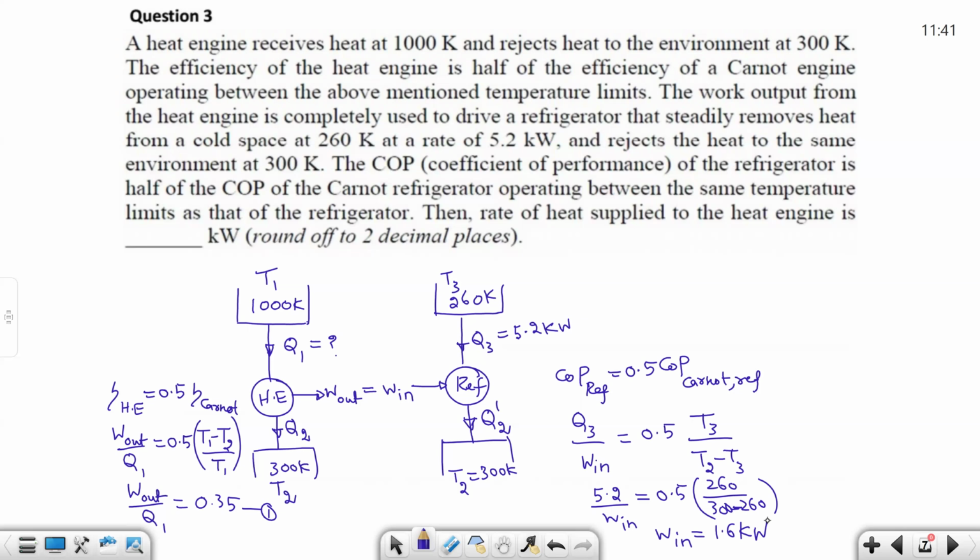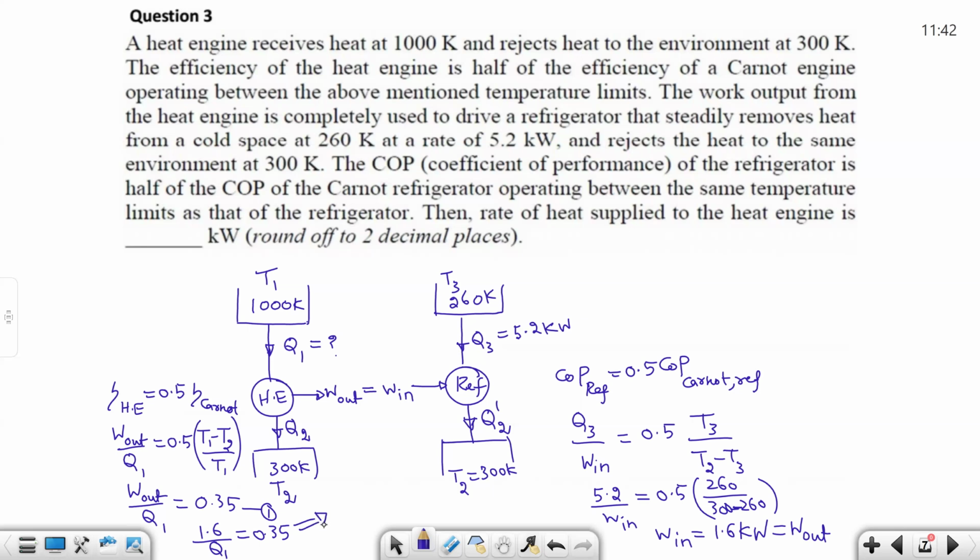So if work input is equal to the heat engine work output, from this equation, you know that it is 1.6 by Q1 equal to 0.35.